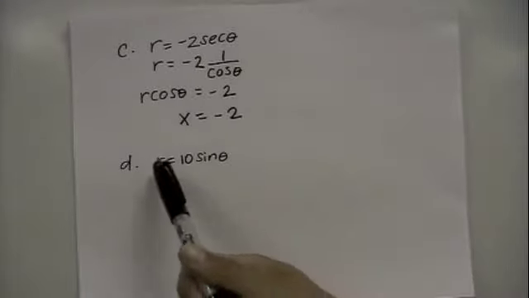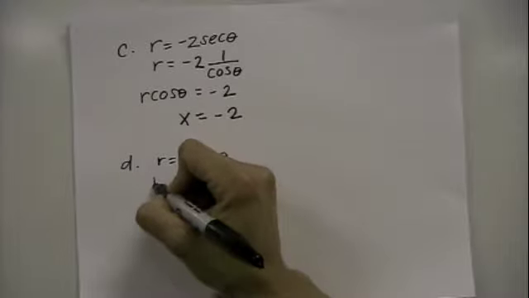For part D, it says r equals 10 sine of theta, and we're going to get a little creative. You probably wouldn't know to do this unless you've seen it, but here we're going to see it. We're going to multiply both sides by r.